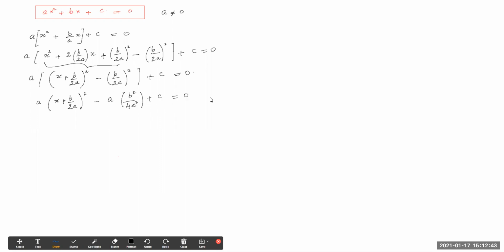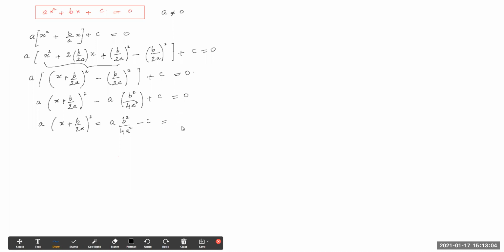Now let's move the constant to one side. Then we will have x plus b over 2a square equal a times b square over 4a square minus c.